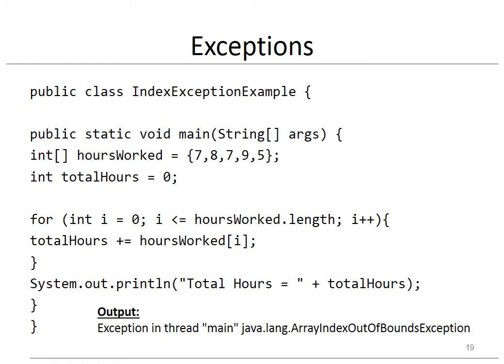The value of hoursWorked.length equals 5, since there are 5 elements in the array. In other words, in the final iteration step, the program will try to access the element at index position 5, which does not exist, since the final element of the array is located at index position 4. Hence, the array index out of bounds exception.